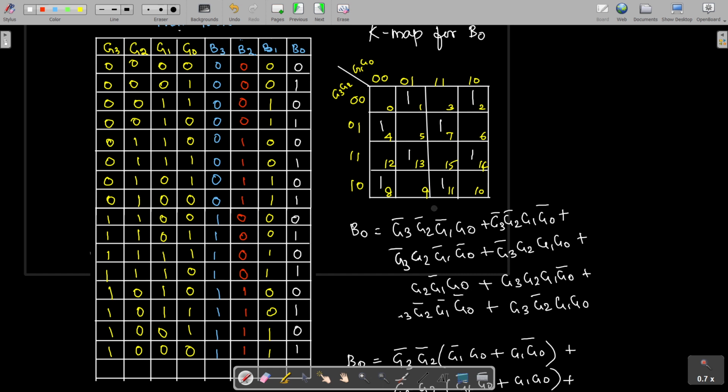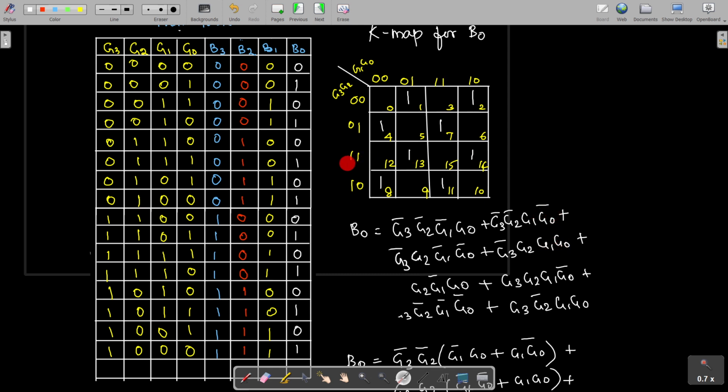Okay, plus this one for the 7th, right? This one corresponds to 01, meaning G3 bar, G2, and column wise it is G1, G0. That's what is written here.